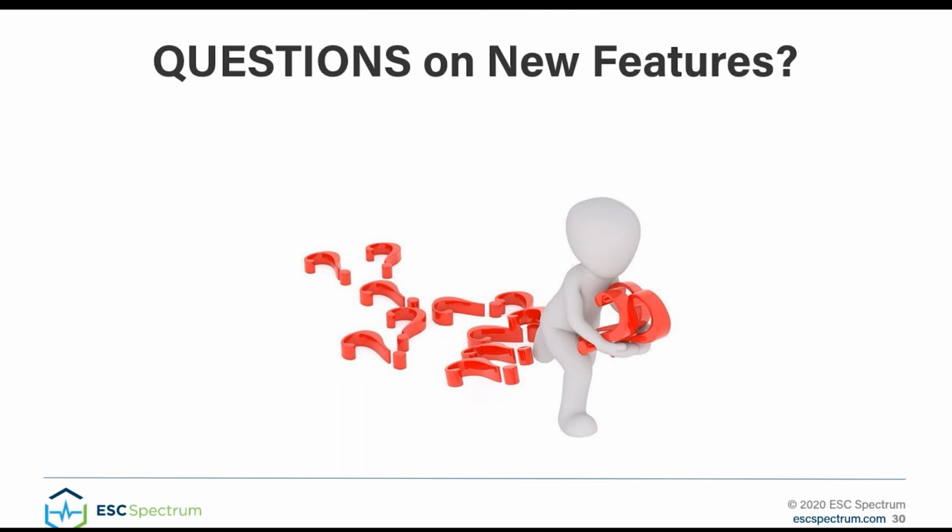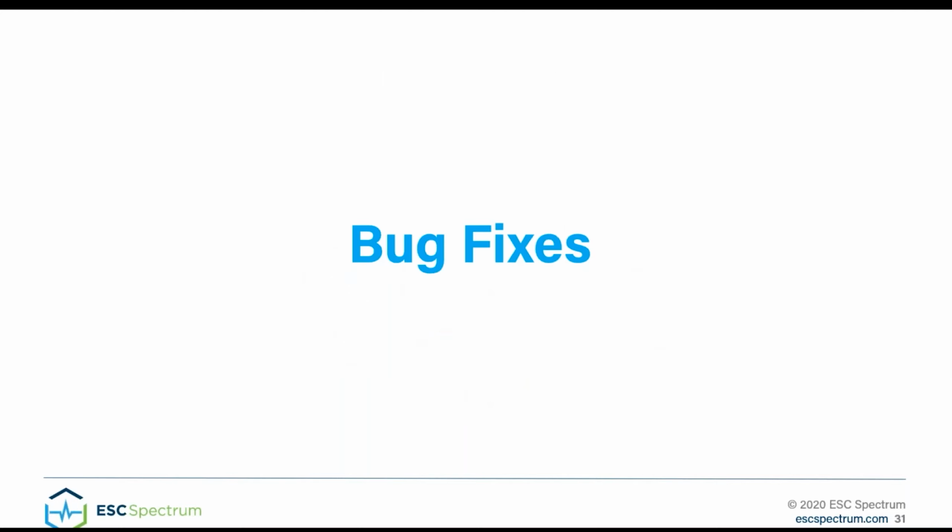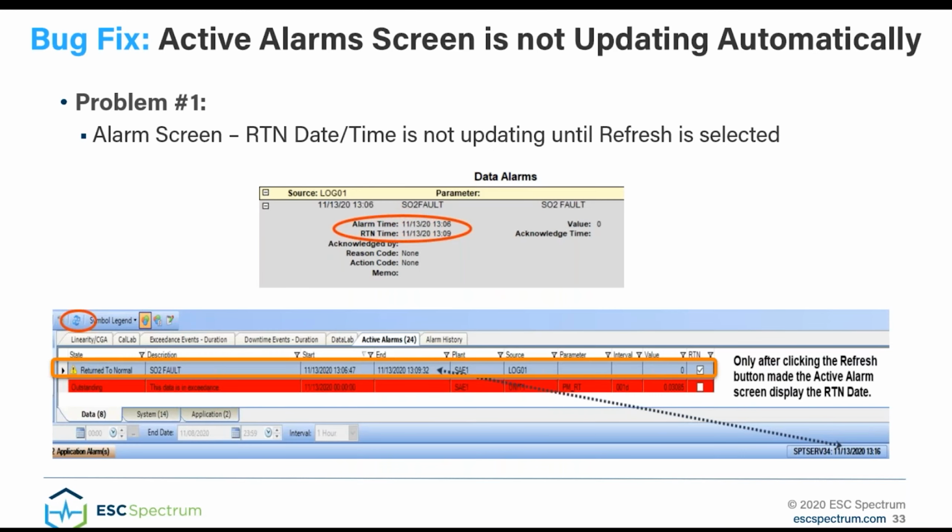Great, okay. So let's move on to bug fixes in StackVision 6.13. Alarms. We had a problem with active alarm screen not updating automatically. The first problem was that on that alarm screen, the return to normal date and time were not updating until refresh was selected.